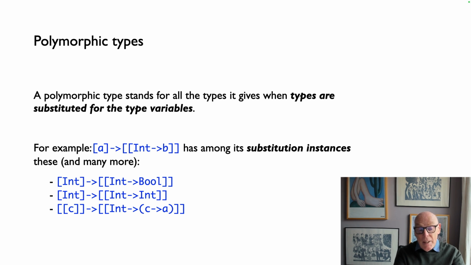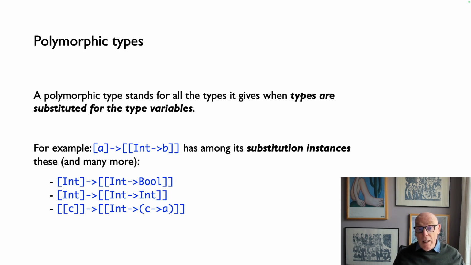It's list of C to list of int to C to A, because here for A we've substituted list of C, and for B we've substituted a function from C to A. So that general type, list of A to list of int to B, stands for all the things you can get by replacing something general, a variable, by something more specific. That's a type or a type expression. So that's what we have in terms of meaning here. A polymorphic type stands for all those different things.